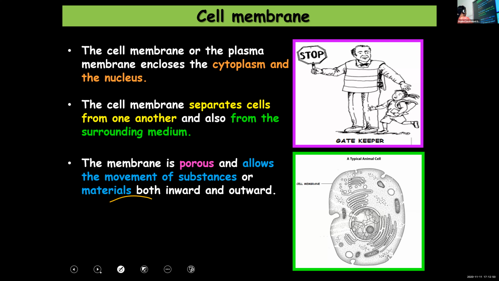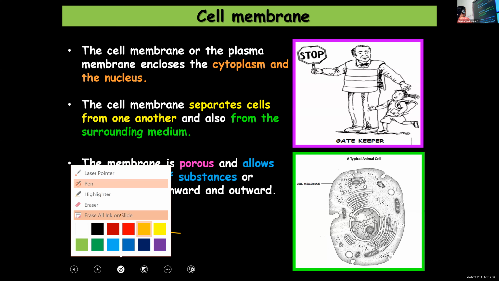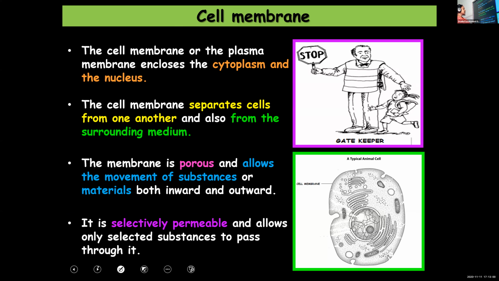Now, moving on to the next point. It is selectively permeable. Selectively permeable means it won't allow everything to pass through it. It will select what should go in and out through the membrane.